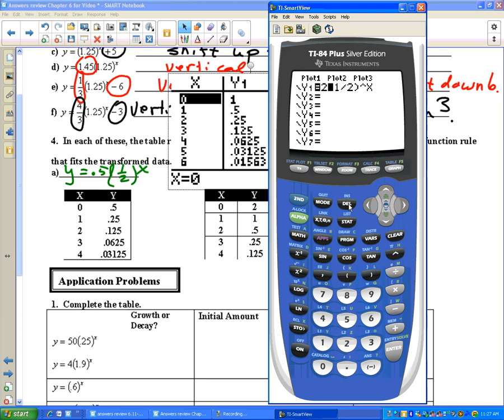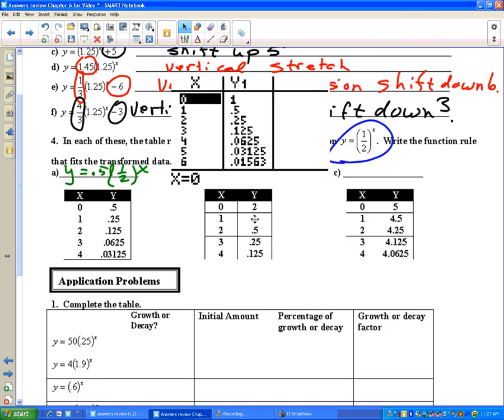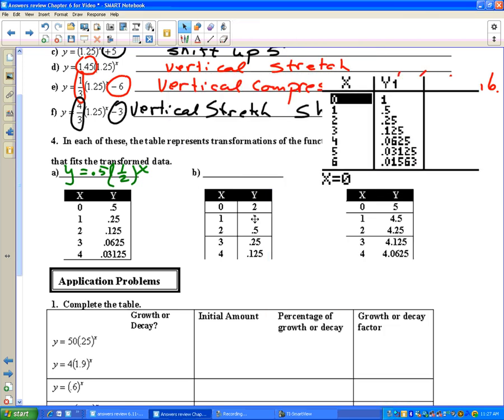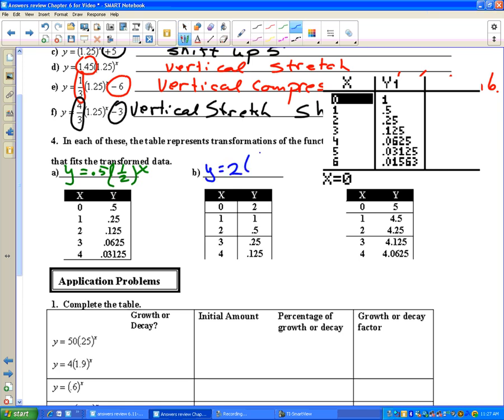So let's try 2 times 1/2 to the x. Again, I need to see the table, not the graph. 2, 1, 0.5, 0.25. This matches what I had in my original table. So I believe I was correct in saying I needed to multiply, 2 times 1/2 to the x.